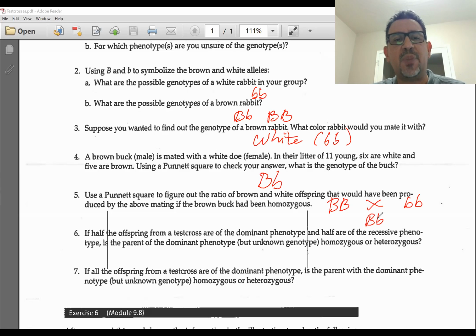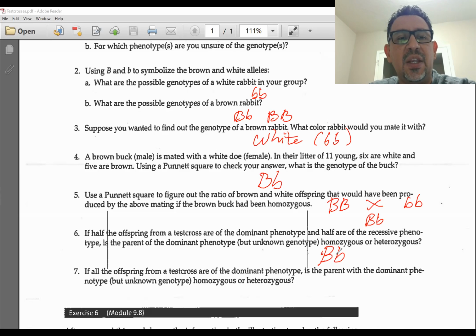If half of the offspring from a test cross are of the dominant phenotype and half are of the recessive phenotype, is the parent of the dominant phenotype, this will be a brown rabbit, showing the dominant phenotype but of unknown genotype, homozygous or heterozygous? If some of the offspring are recessive, then this rabbit has to be a heterozygote.